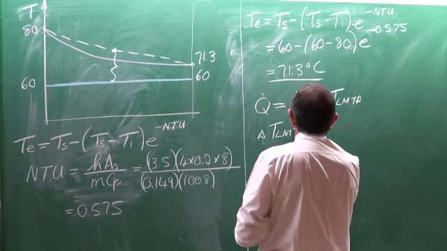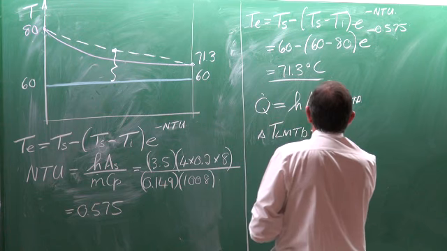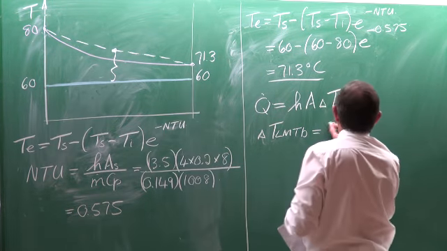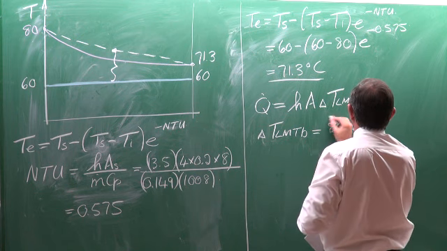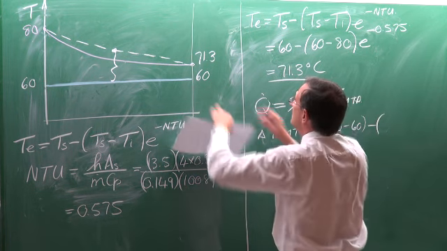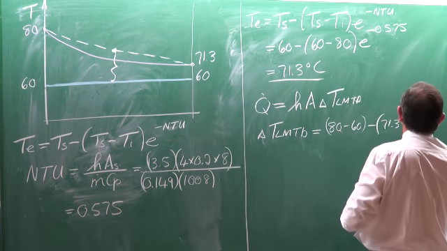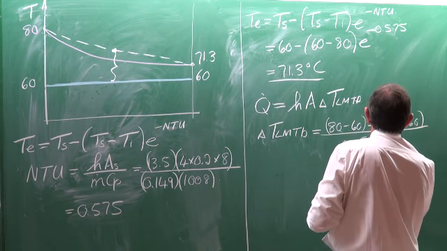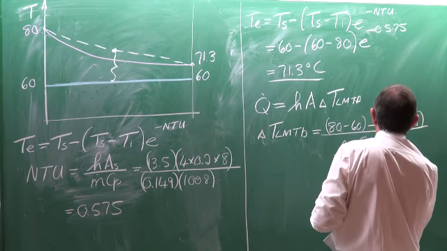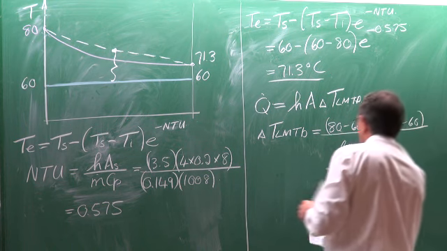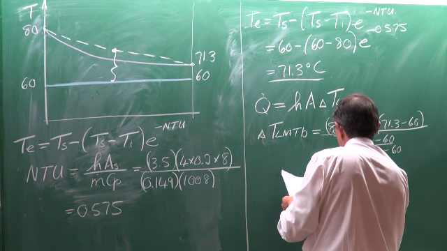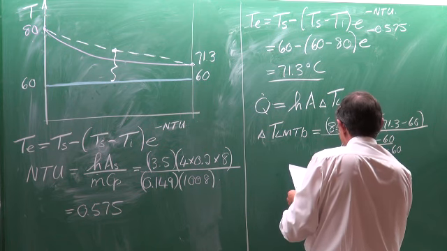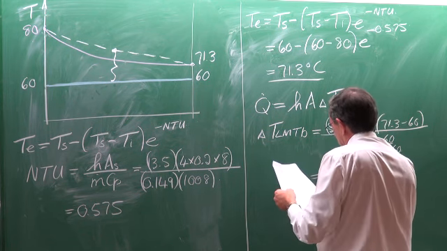The LMTD is this temperature difference, which is 80 minus 60, minus this temperature difference, 71.3 minus 60, divided by the ln of 80 minus 60 divided by 71.3 minus 60, and that gives us a temperature difference of, my goodness, I didn't write it down.